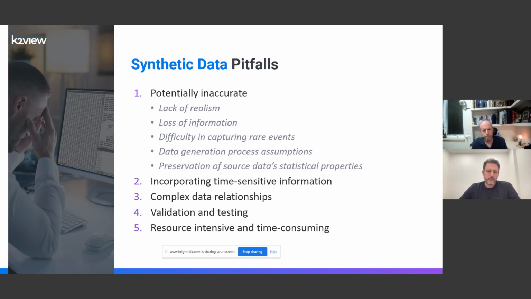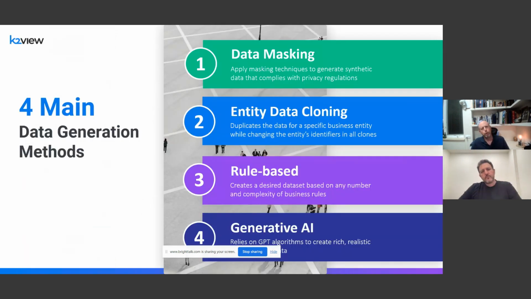Right. Thanks, Yuval. Yes, we are going to dive a little bit into some of these challenges, like complex data relationships and the time-consuming nature, once we cover the methods. So let's really now jump into what we call the 4 main data generation methods. These are the methods we are going to focus on.